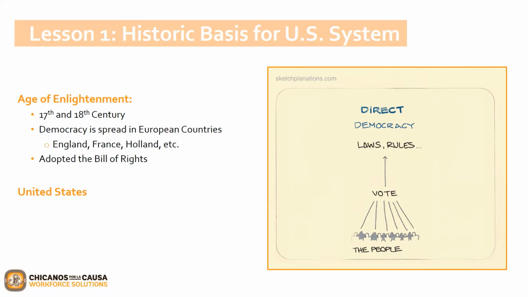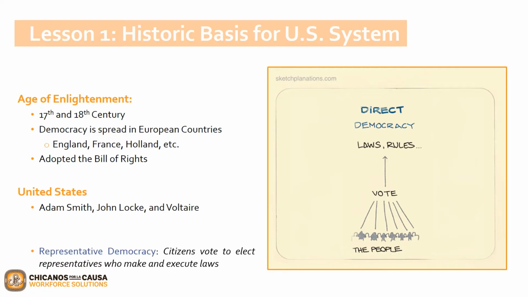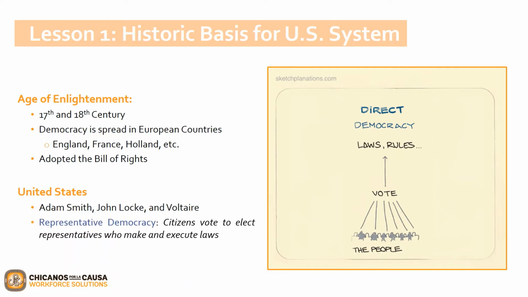With the influence of Adam Smith, John Locke, and Voltaire, a government system was adopted by the United States. Therefore, the United States is known as a representative democracy. Citizens vote to elect representatives who make and execute laws.